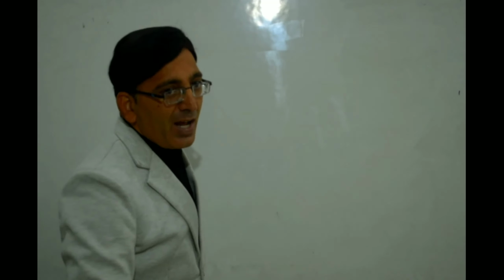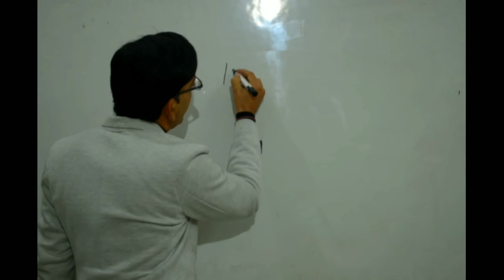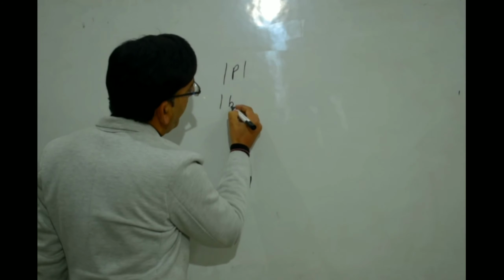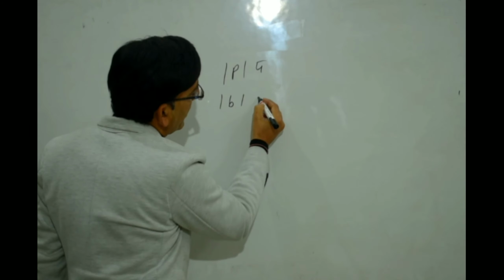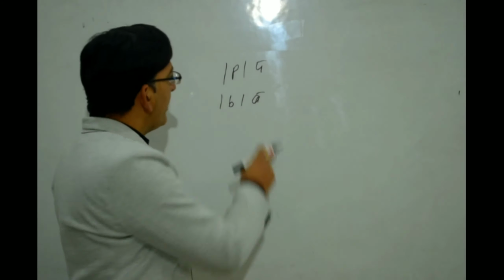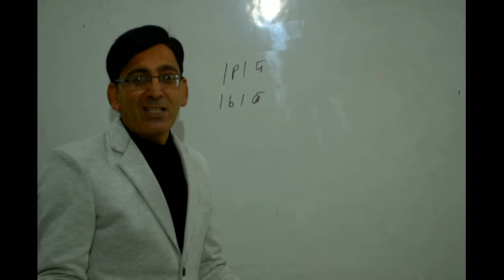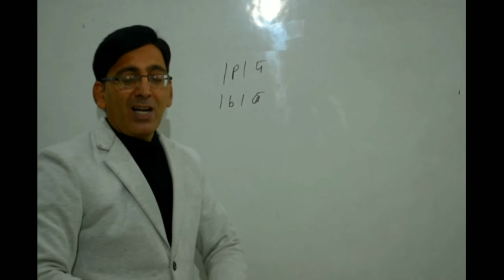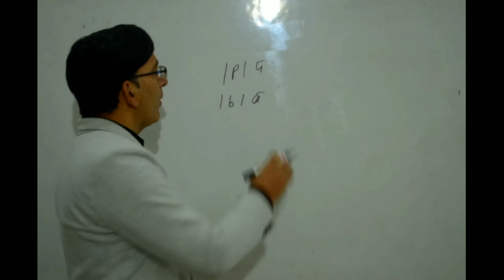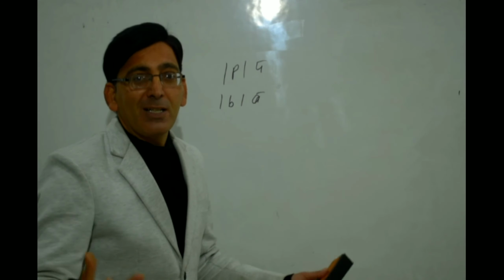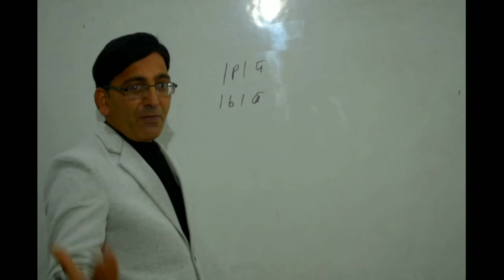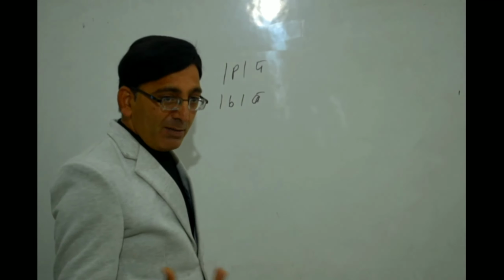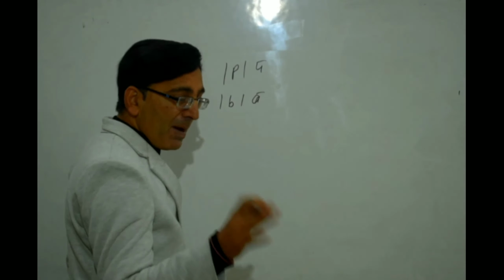The first pair I want to discuss with you is pa-ba. I am writing the Hindi version also. Pa is like the letter P and ba is like a small b. It is the first pair, easy to remember.